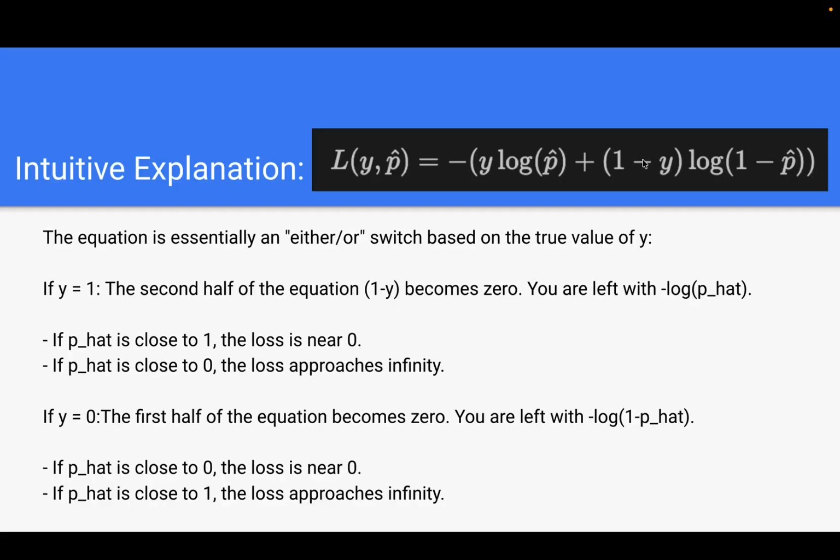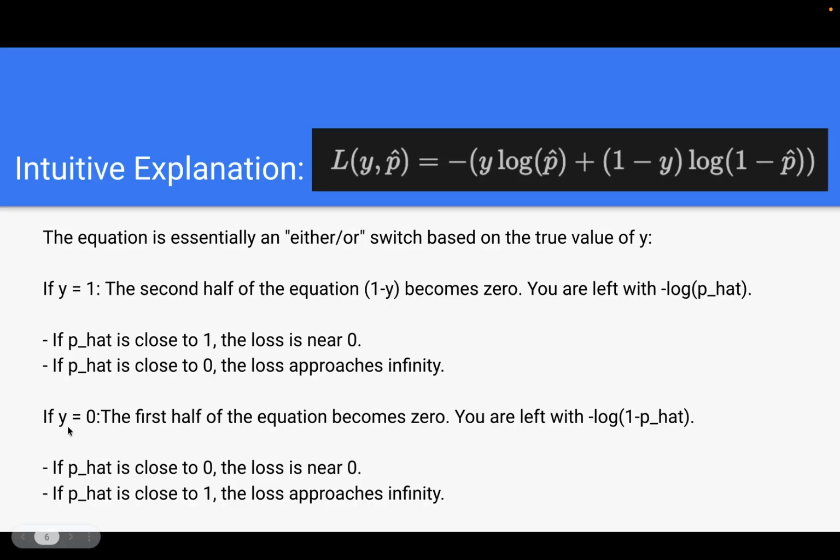So this part will become 0, automatically this is also gone. Then we have minus of log of p hat. This is the one we are left with. So if p hat is close to 1, meaning log of 1, the loss is near 0. If the p hat is close to 0, then the log of 0 will lead to infinity, which is our loss.